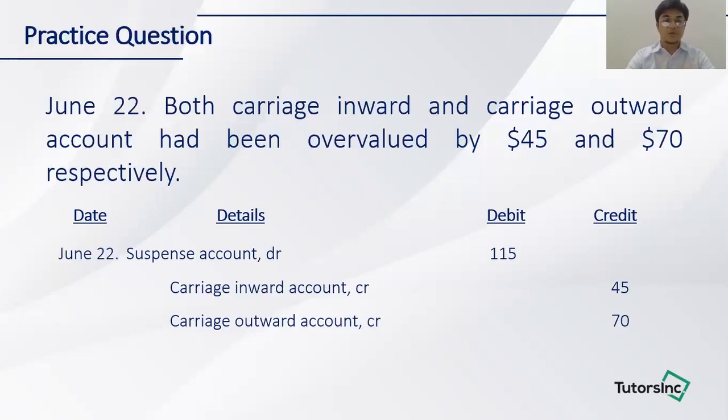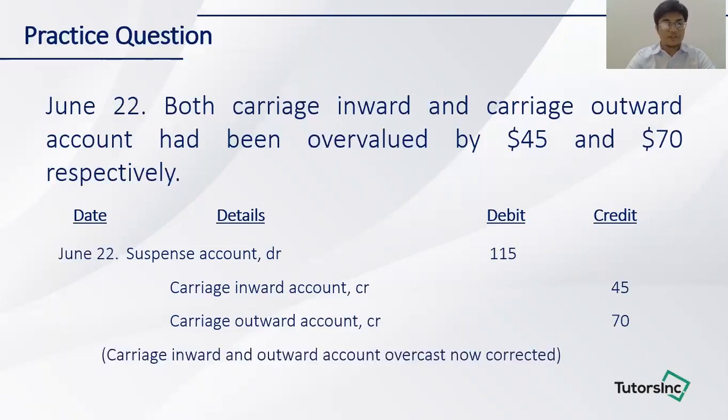So suspense account will be debited by $115, since we have no other account to debit against these two credit entries. And we have now also established, just like the previous error, that this is also an error which affects the agreement of the trial balance. The narration is going to be: carriage inward and outward account overcast, now corrected.